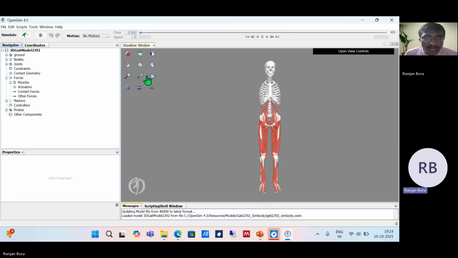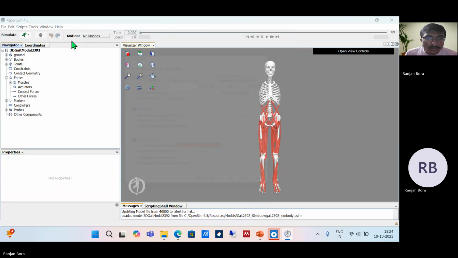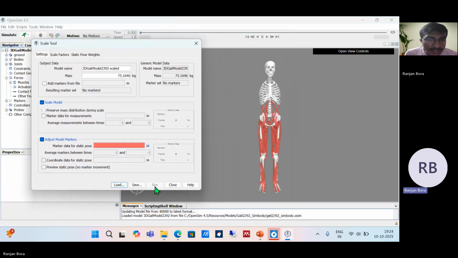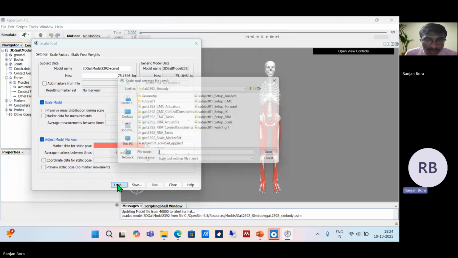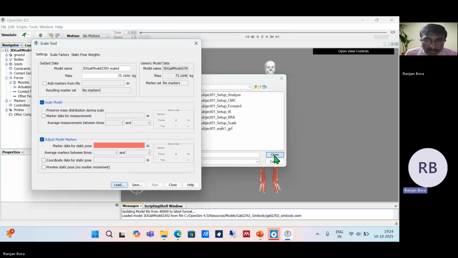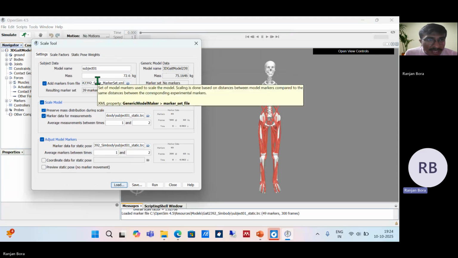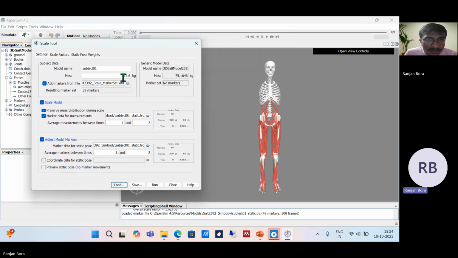So the first step was scaling. First we will do the scale model. For doing the scaling, we need to load one XML file to specify the different scaling parameters. Here this subject01_setup_scale is imported. Here you can see this generic model has a mass of 75 kg, but after scaling we'll get the mass of the subject as 72.6 kg.